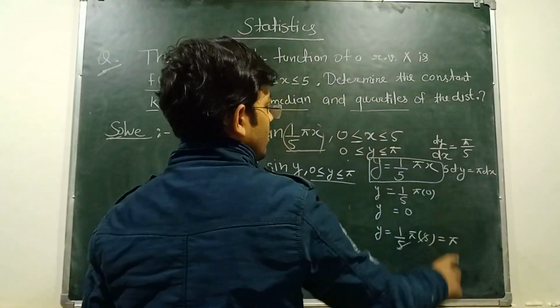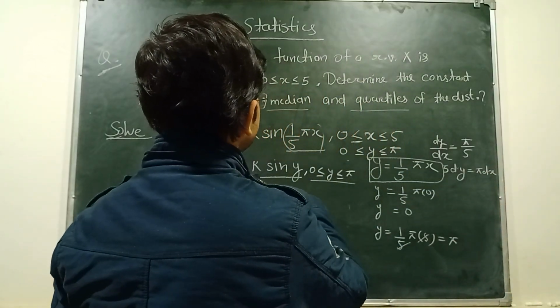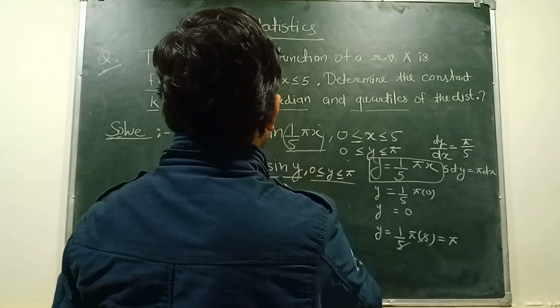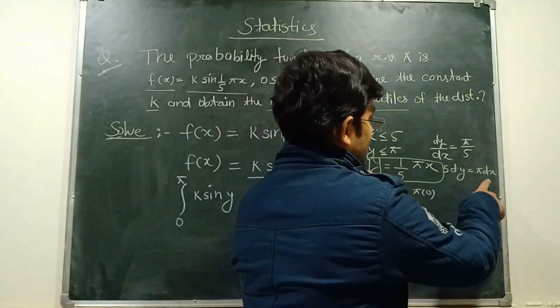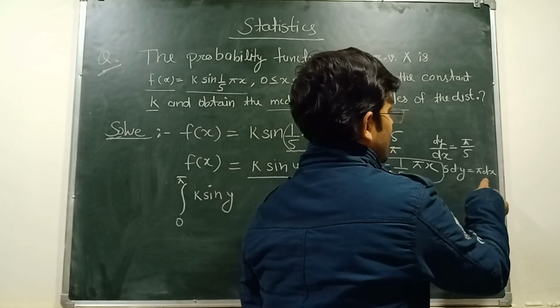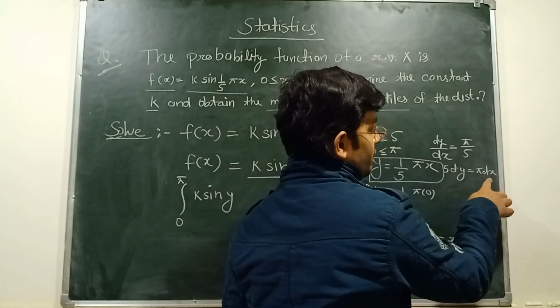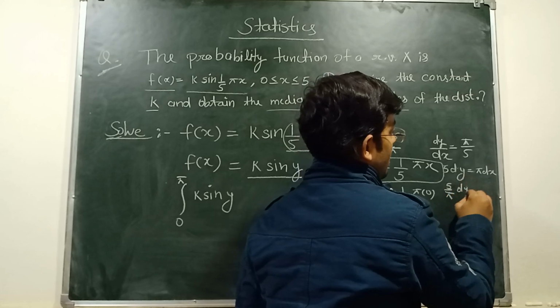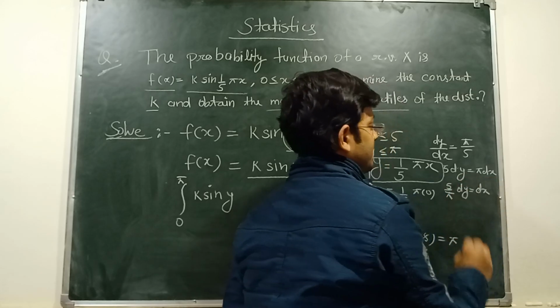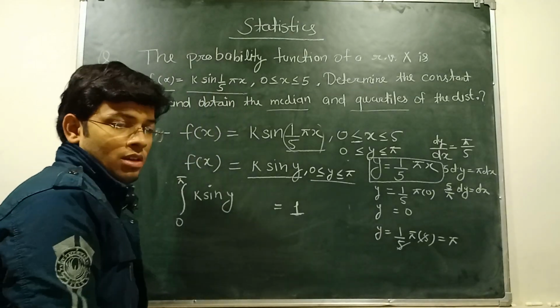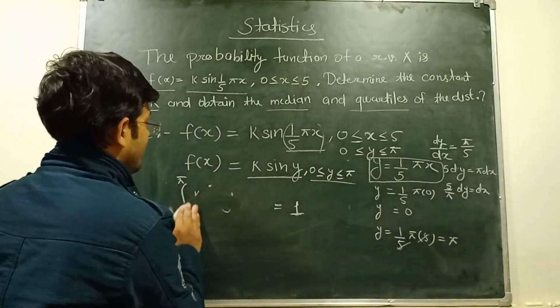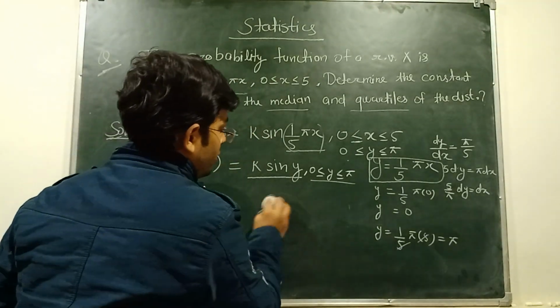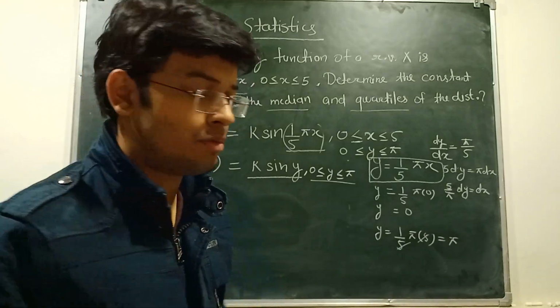So this is the value of dx. You can write in place of dx, 5/π dy is equal to dx. So again I will explain how to do it.